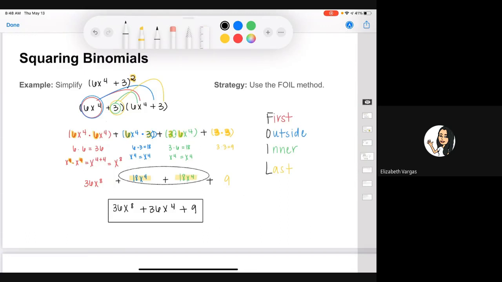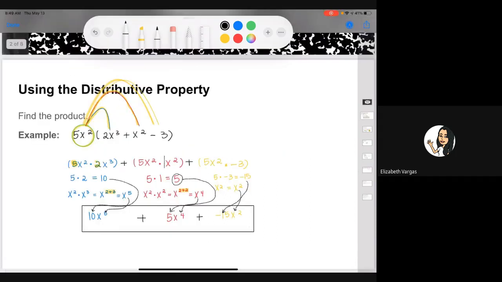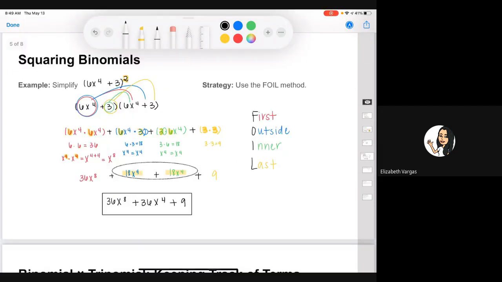I just drop down my resulting values, and that gives me my simplified expression. Okay, so that is how you use the FOIL method. By using the FOIL method, basically what you get is an expression that, very much like the distributive property, allows you to much more easily multiply those expressions together.